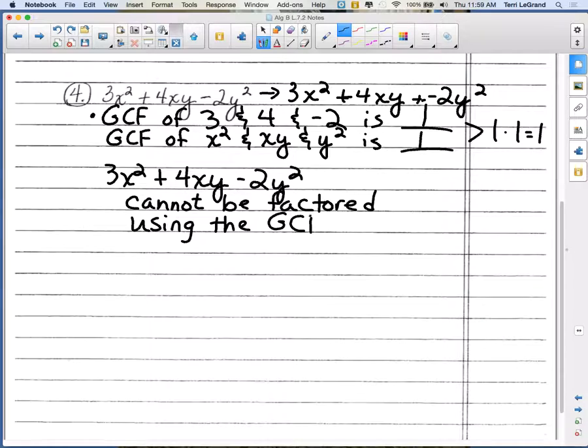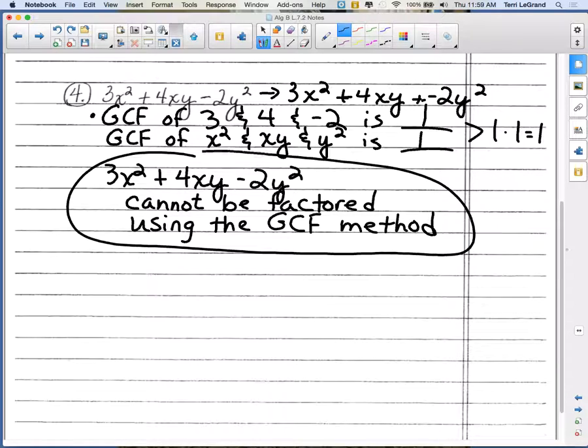And it's important that we include this, because we're going to learn another method later that might get us a way to actually factor it. But right now, in our skill bank, all we know is to try the GCF method. So it cannot be factored using the GCF method. We'll find out later if it can be done another way.